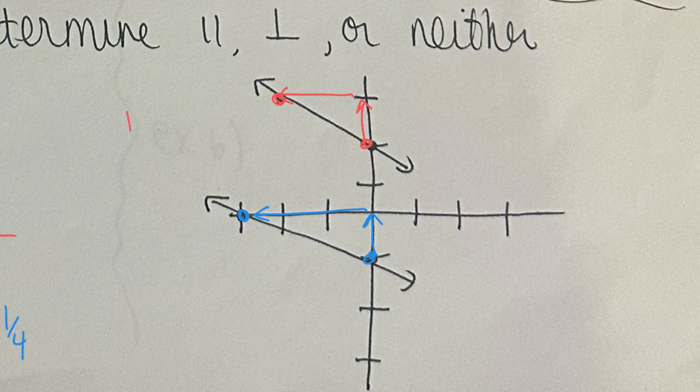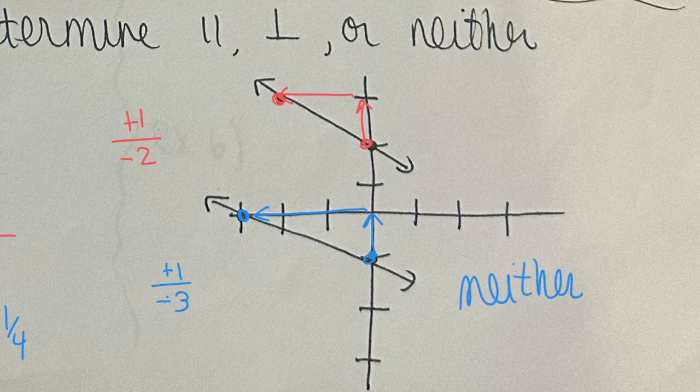Red is up 1, backwards 2. Blue is up 1, backwards 3. So these guys are neither. It kind of looked parallel, but they're not exactly matching slopes. -1/2 is not the same as -1/3.